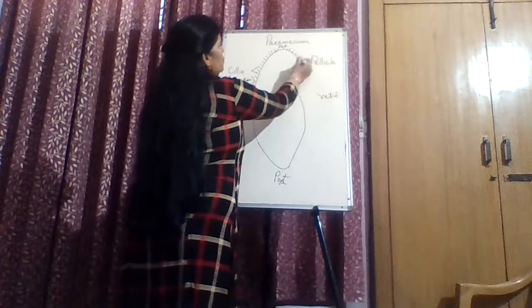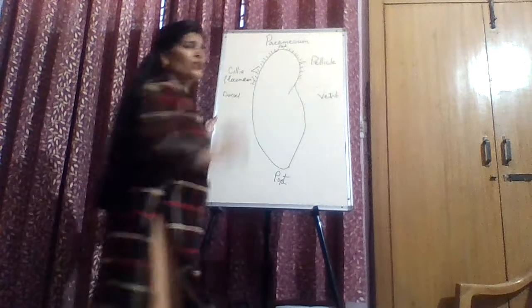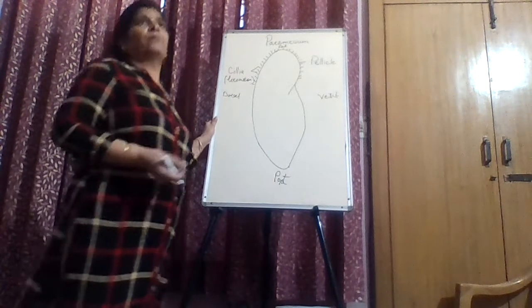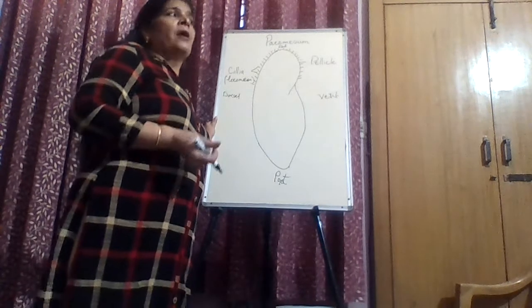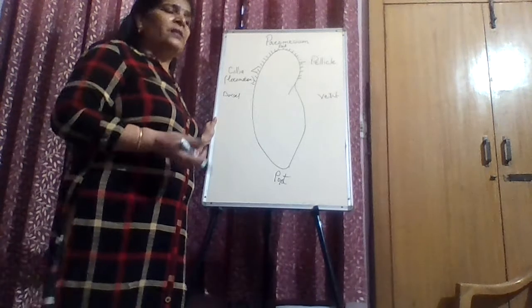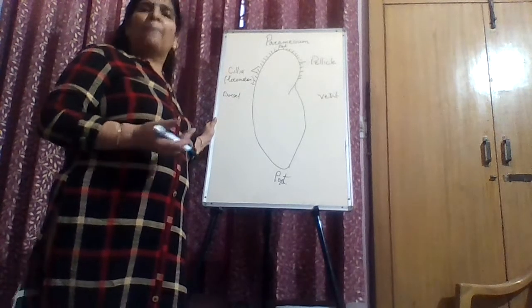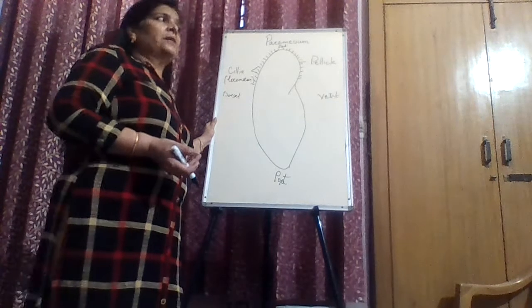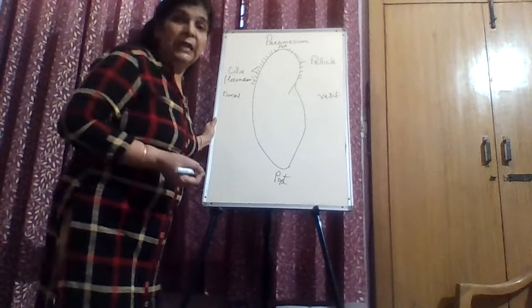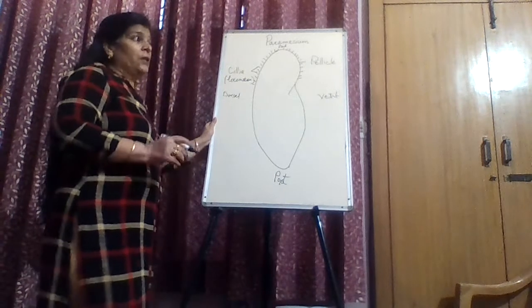There are many species of Paramecium like Paramecium caudatum, Paramecium bursaria, Paramecium trichium, Paramecium multimicronucleatum. These different species depend on the number of nuclei and on the presence of longer cilia on the posterior end or caudal region.